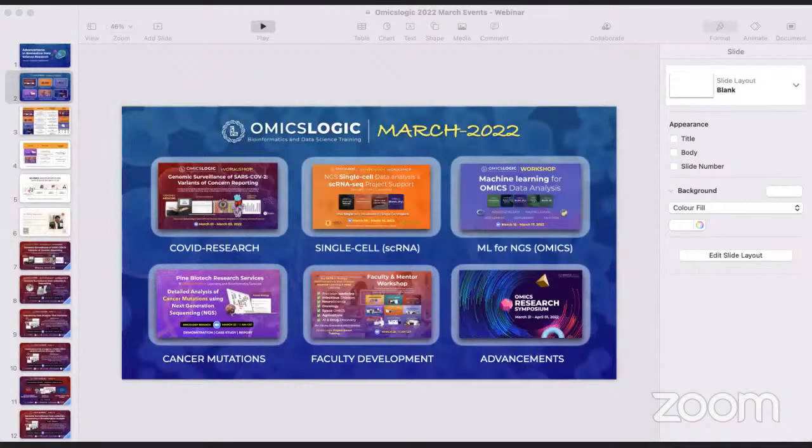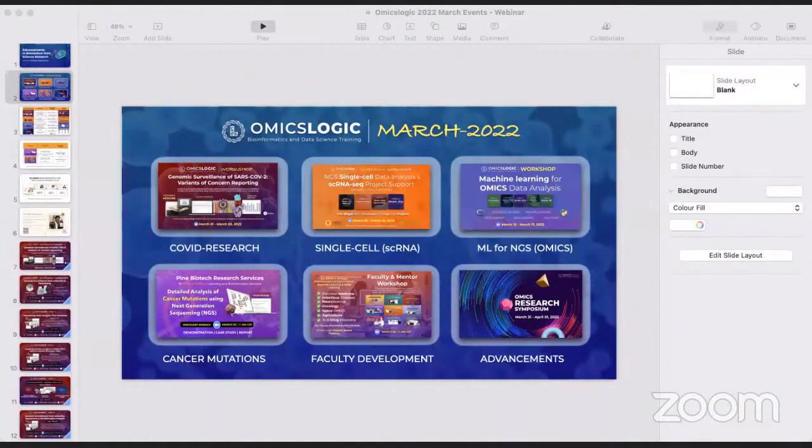That will be followed by the cancer genomics session, where we will be covering a detailed analysis using the T-bioinfo platform to analyze cancer mutations using genomic data. And to sum it up, we will discuss the training and the research, and what we are doing with our OmicsLogic curriculums.